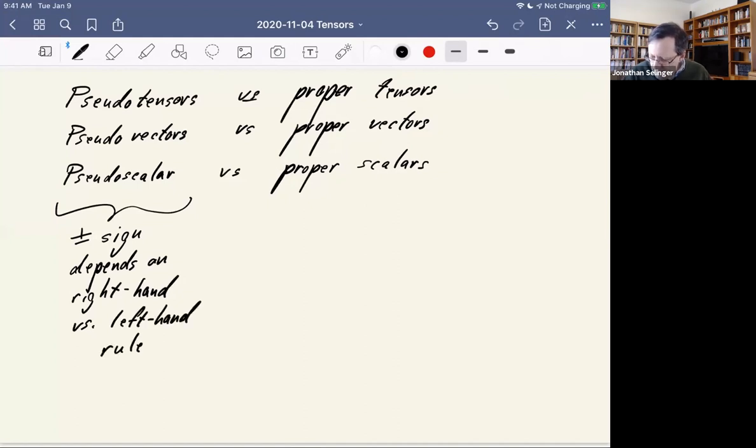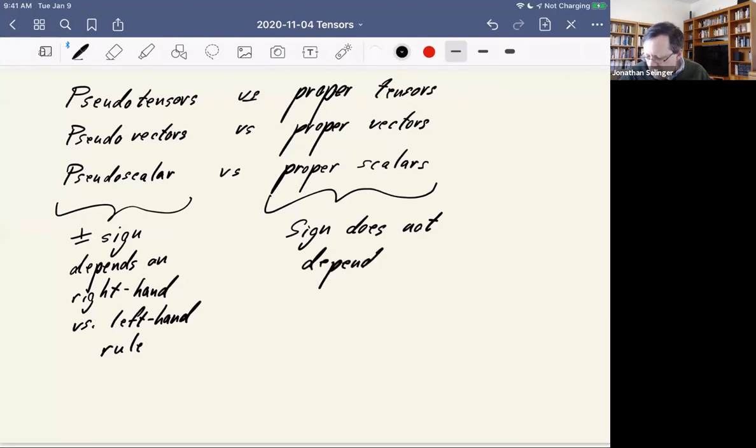And here, the sign does not depend on the right hand versus the left hand rule. So this is a nice way to distinguish between those things.